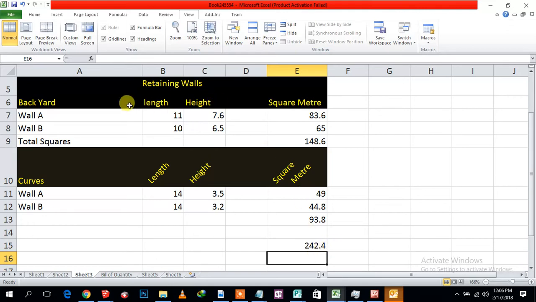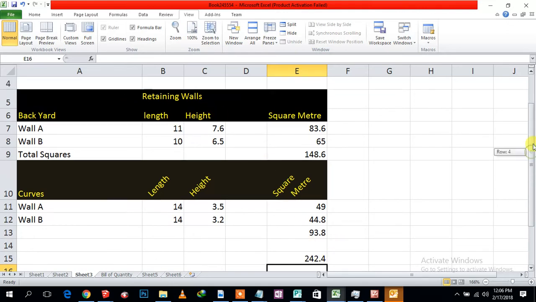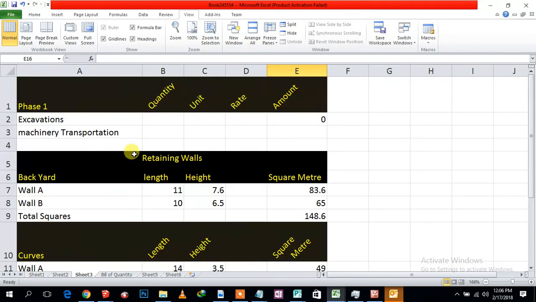Another aspect of the project is the excavations. So we are going to have to clear. Let me put a single formula. We have a bank that is going to be about 34 meters multiplied by the distance from the existing retaining wall to close to the boundary. There is about 6 meters, about 6.5 meters.